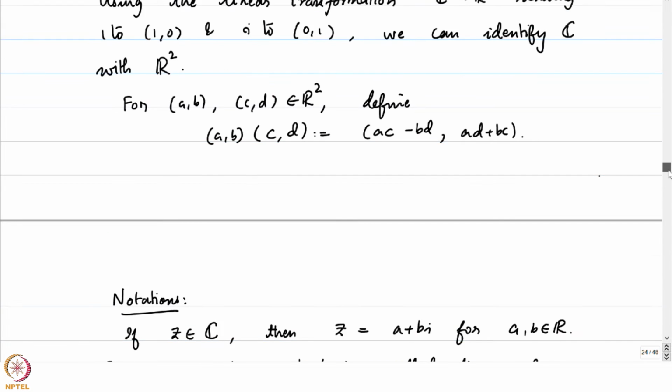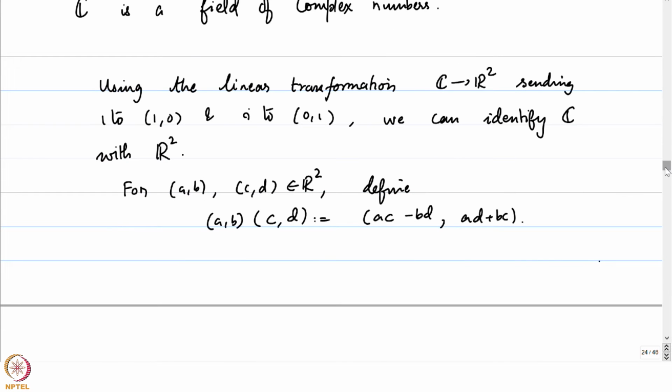Oh yes, I should have mentioned it here itself. The vector space R2 is something which you might be very familiar with. It's the plane which we are usually accustomed to, and we are familiar with the geometry there. And because C can be identified with R2, the field of complex numbers is also sometimes referred to as the complex plane.